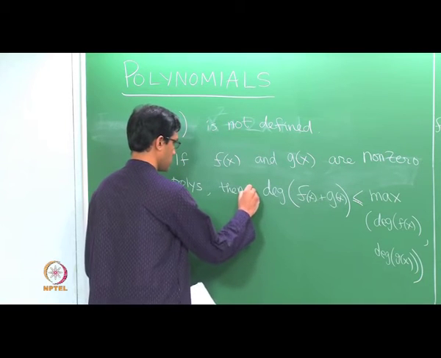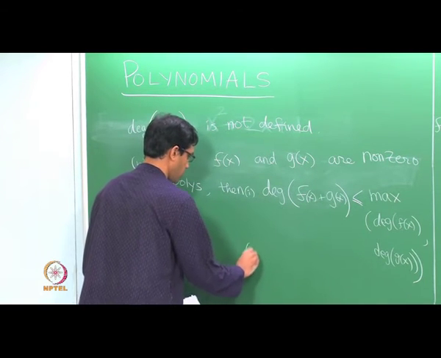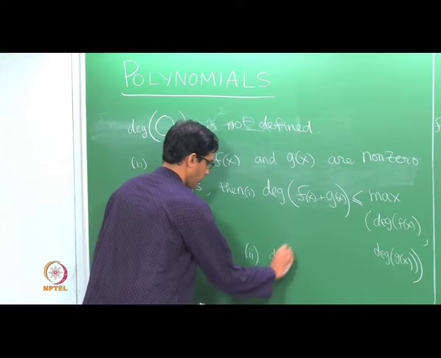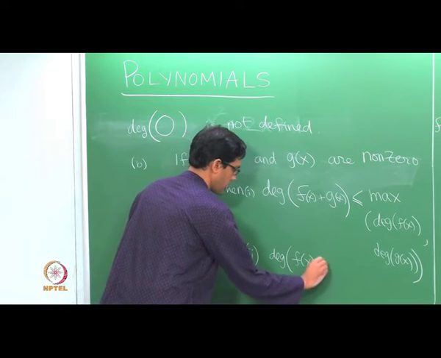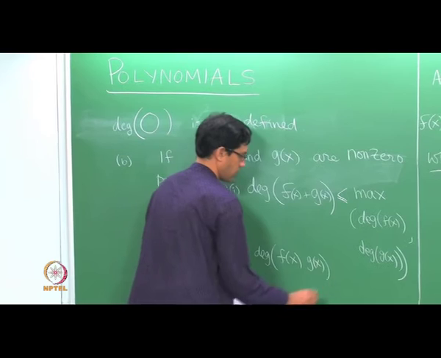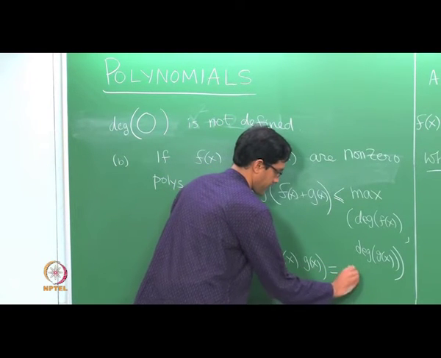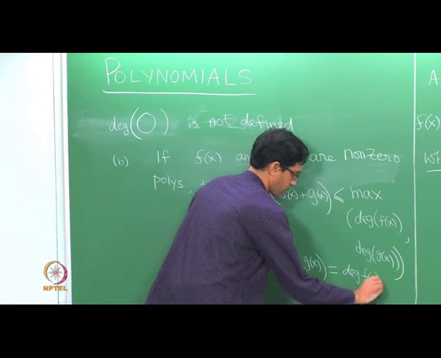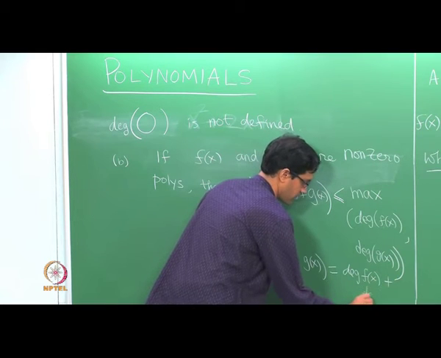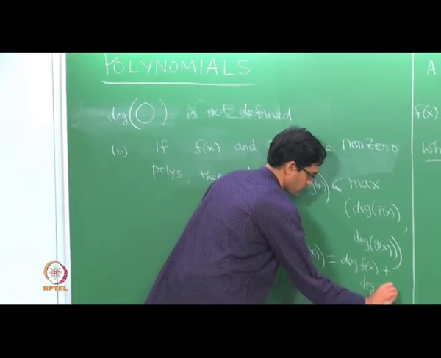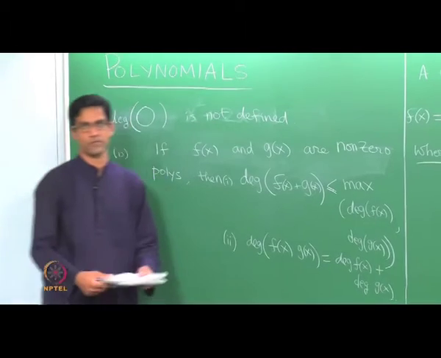This is property 1. Property 2 says the degree of the product f of x times g of x is exactly the sum of their degrees, degree of f of x plus degree of g of x.